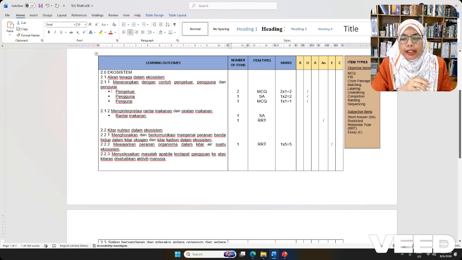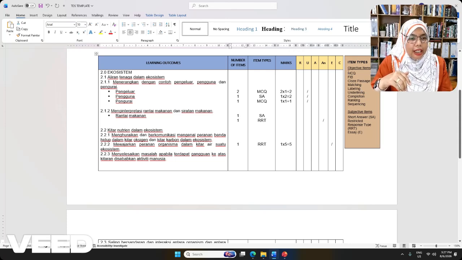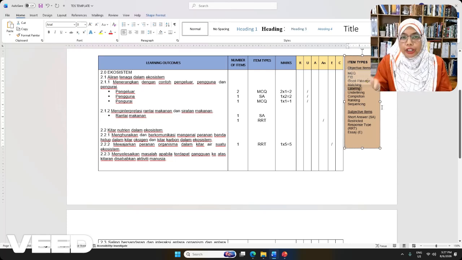Okay, and in assignment 1, we must have at least 10 multiple choice as well as at least 5 subjective. But having only that 15 items will not be sufficient. You need to add more, and you can also work on other objective item types as well. For example, if you are measuring biology, so you want to have labeling, for example.